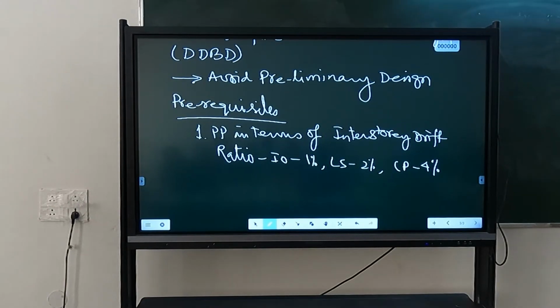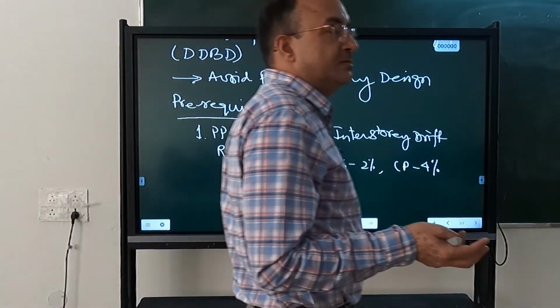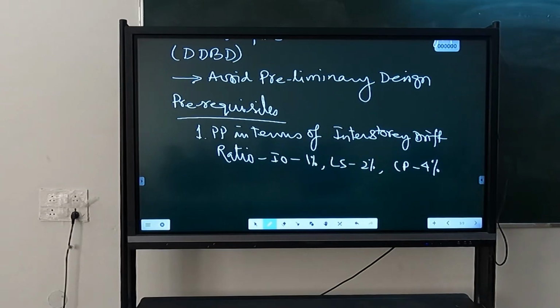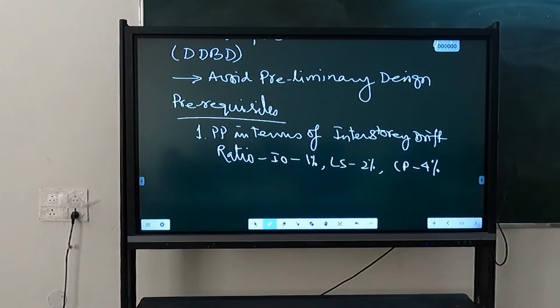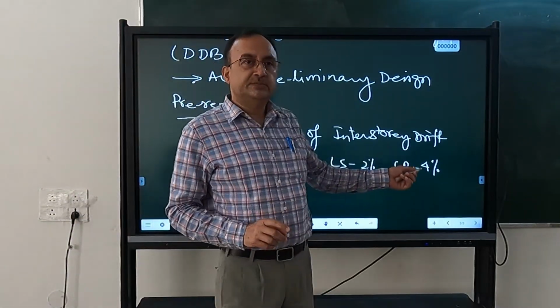How will you decide inter-story drift in advance? Based on the performance of previously designed buildings. Okay. So generally RCC buildings collapse at 4%. So you should not take drift more than 4%.